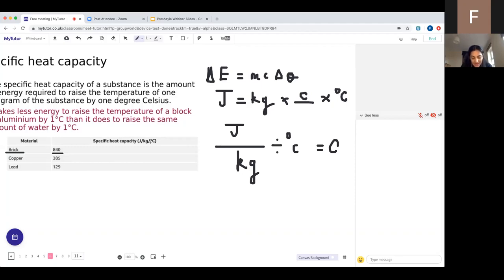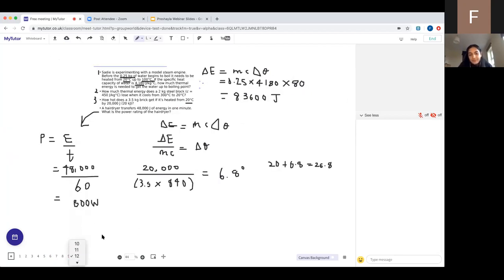How did you get the 840? Still not sure. So 840 is the specific heat capacity of brick. Okay, so specific heat capacity is a value that is specific to that material. So brick has 840, water has 4,180, and steel has 450.